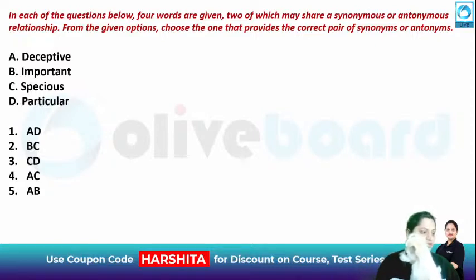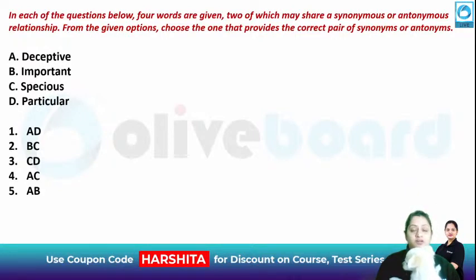C and D. How? Particular and special. What is specious? S-P-E-C-I-O-U-S. AC. See, deceptive is related to cheating, deceive. You all know deceive, guys.